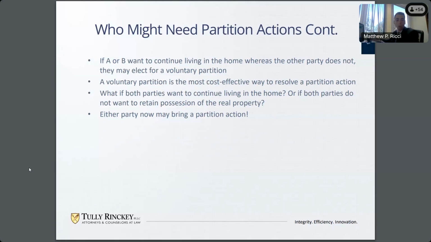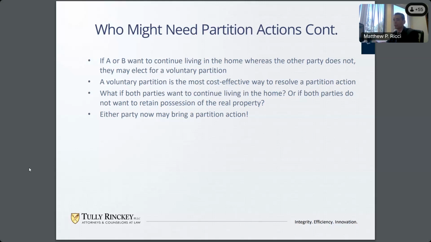What the parties should do now really depends on the final outcome they desire. If either A or B wants to continue living in the home, whereas the other party does not, then they both may elect for what's called a voluntary partition.